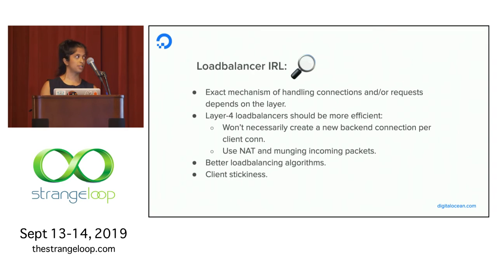The other thing I want to mention is our load balancing algorithm was super simple here. We literally were just randomly selecting one of X number of backends. In reality, however, there's a lot of load balancing algorithms out there. There's IP hashing, there's the least connections method, there's round robin load balancing, by which traffic is just equally distributed amongst the backends. And something else to consider is client stickiness.